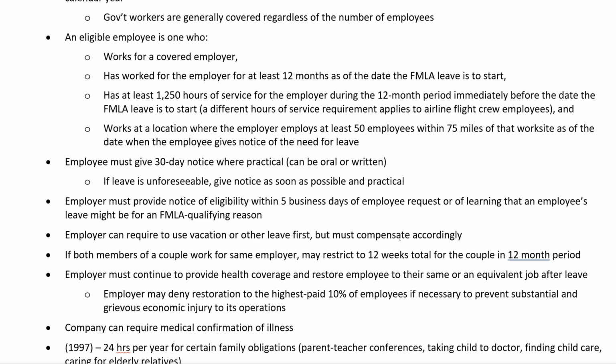Has at least 1,250 hours of service for the employer during that 12-month period. And works at a location where the employer employs at least 50 employees within 75 miles of that work site as of the date when the employee gives notice of the need for leave.